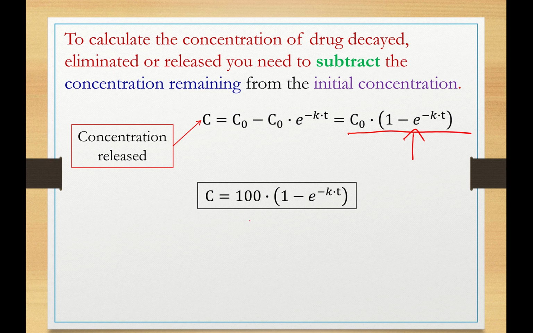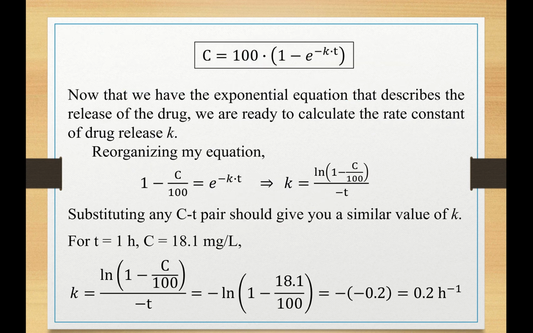Now, in our case, remember that the highest concentration was 100. That's why I've replaced C0 here with 100. Now, from this equation, you can use the data in the table and determine k. You can use any of the time points. So here, in this case, C released was 18.1 for the time 1 hour.